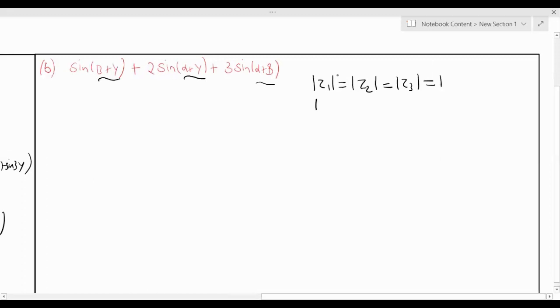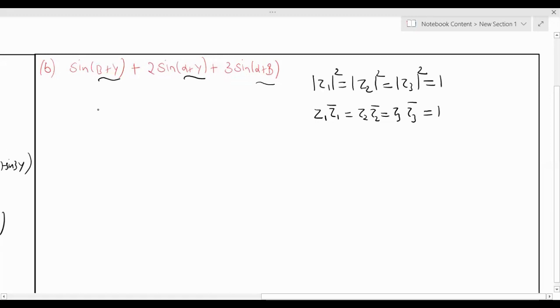Now if I square all three terms, you have modulus of Z1 square. You must remember a very basic complex number property: modulus of Z1 square can always be replaced as Z1 times Z1 conjugate. Similarly for Z2 and Z3, each equals 1.